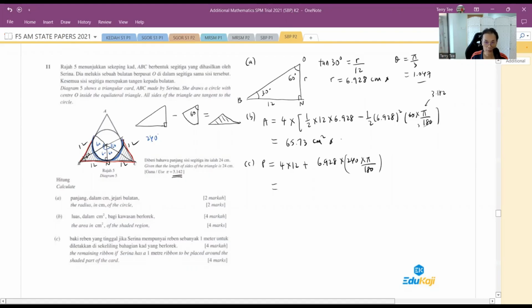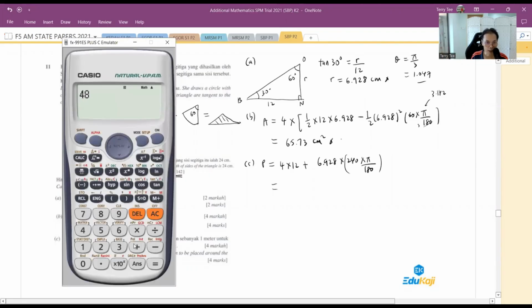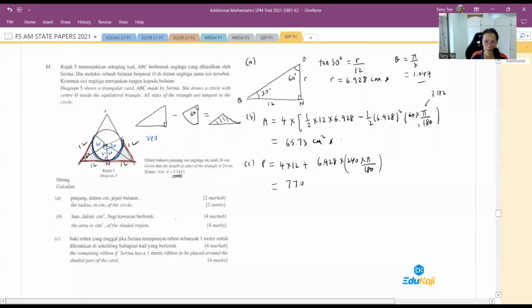Okay, so I'm going to type in a calculator. 4 times 12 is 48, plus 6.928 times 4 over 3 times pi. Remember to use 3.142 for your pi. I got 77.02. But this is not what we want. We want the remaining ribbon. She has 1 meter of ribbon.